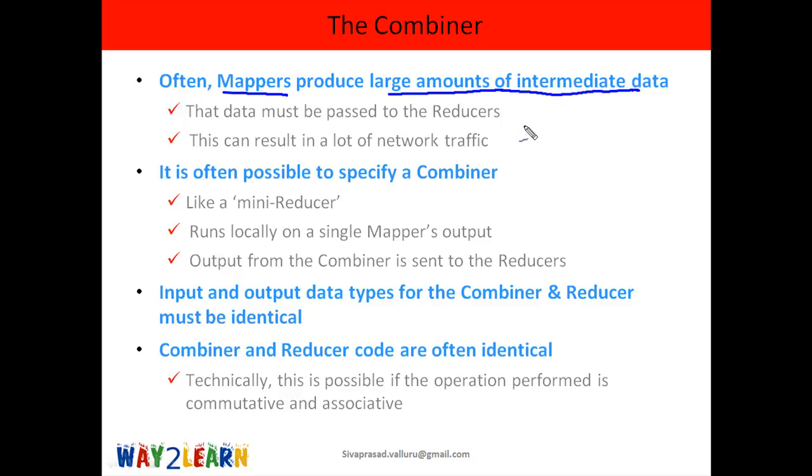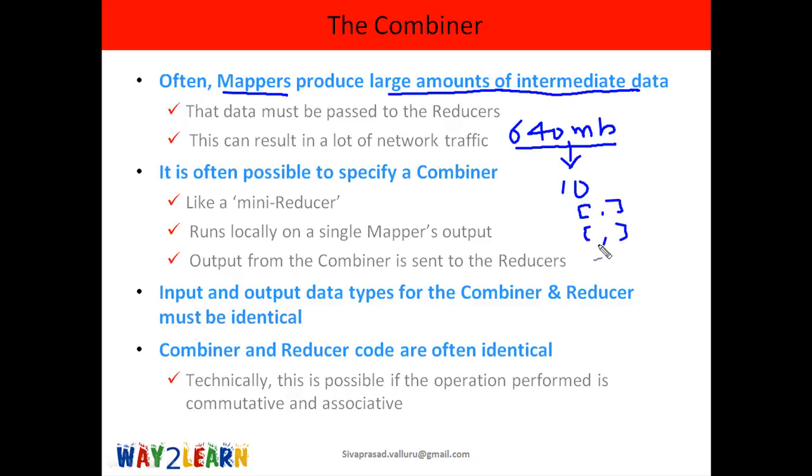Let's assume that I have a file of 640 MB and I am writing a word count program. How many mapper tasks will there be? 640 MB means how many blocks? 10 blocks, each of 64 MB. So 10 map tasks will be there, and each map task will be outputting a lot of key value pairs.